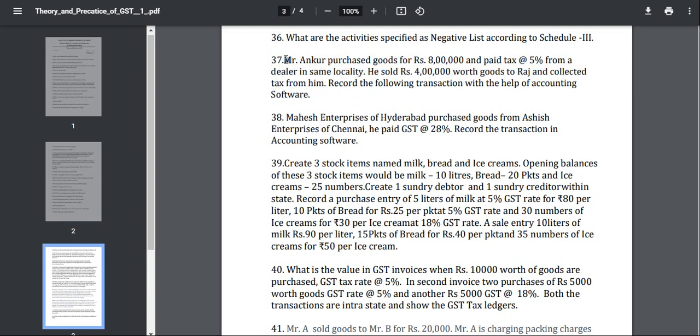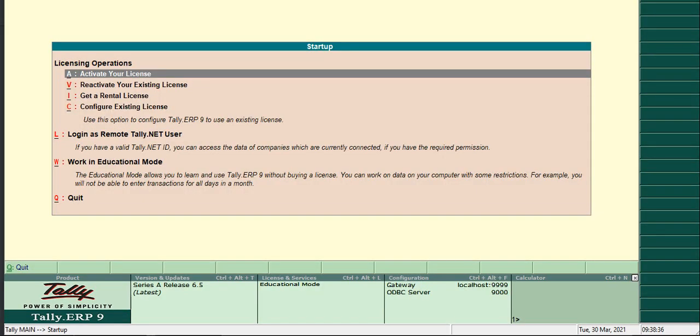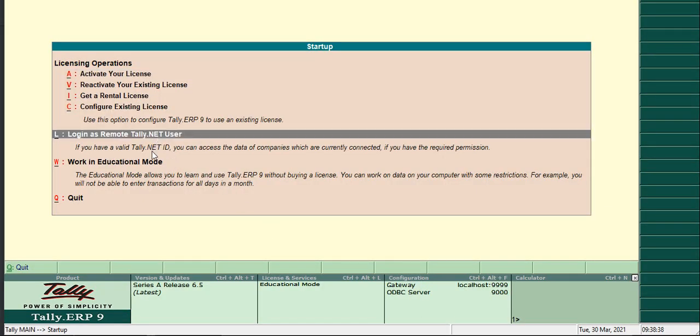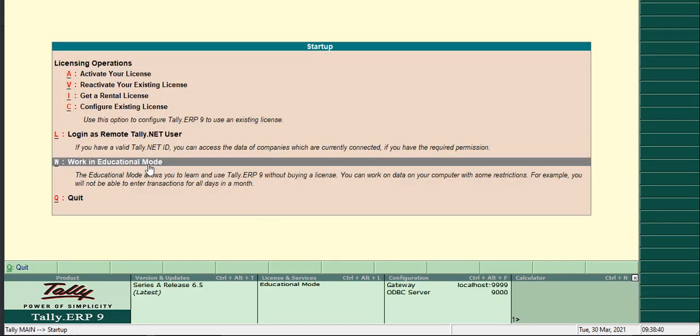First try to understand the transaction. Mr. Ankur purchased goods worth 8 lakhs and paid 5% tax from a dealer. He didn't mention the name of the dealer, so we can put XYZ or whatever name you want. Will he be a sundry creditor or sundry debtor?